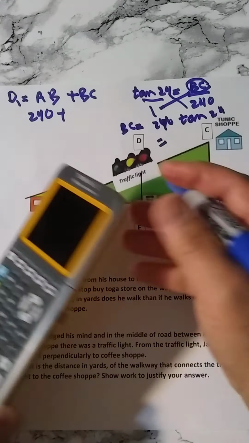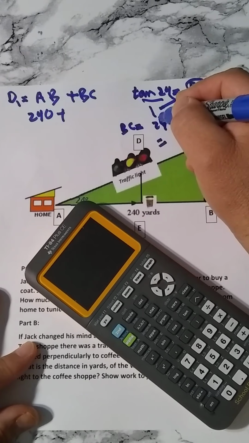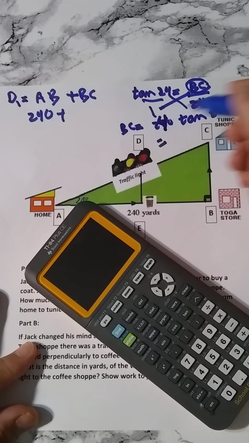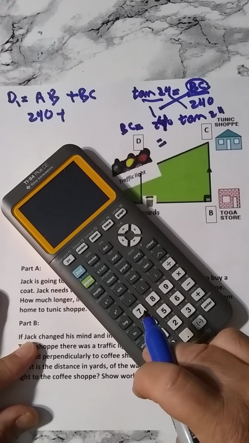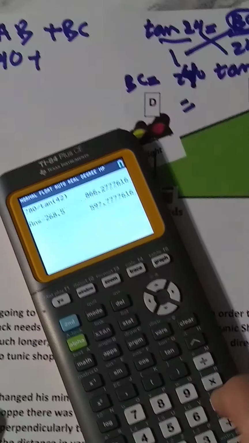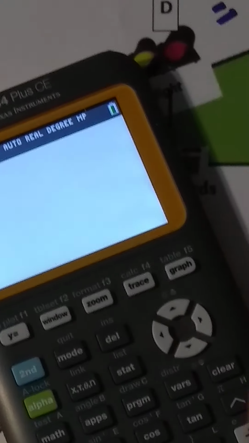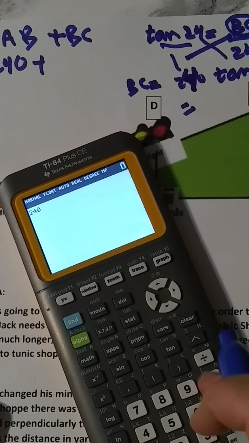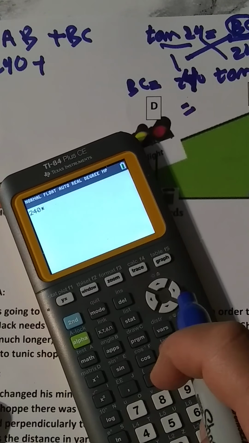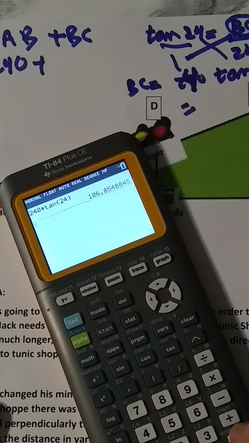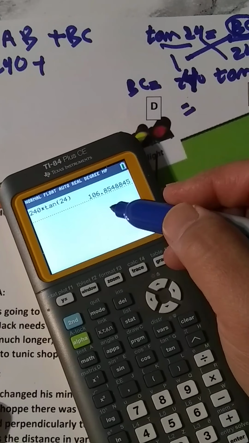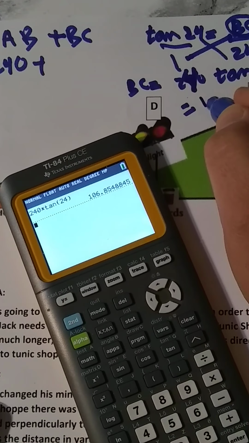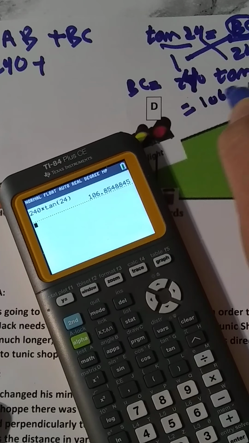Using the calculator, 240 times tangent of 24 is 106.85, round it to 106.8 yards.